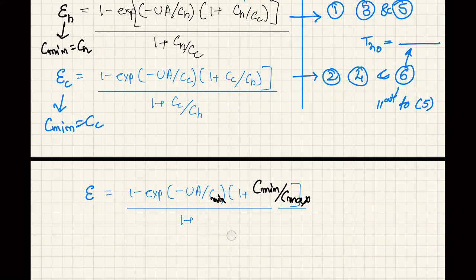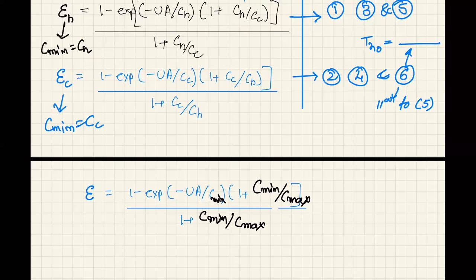Also I can rewrite this as Cmin by Cmax, right? And this is how I get the expression for epsilon for the case of parallel flow double pipe heat exchanger.